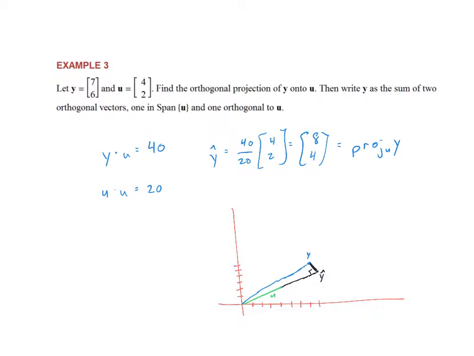We have one other thing to find, that is the z vector. The z vector is that little black vector that I drew in there. To find that, since y equals y hat plus z, z would equal y minus y hat. So in this case, it is 7, 6 minus 8, 4.